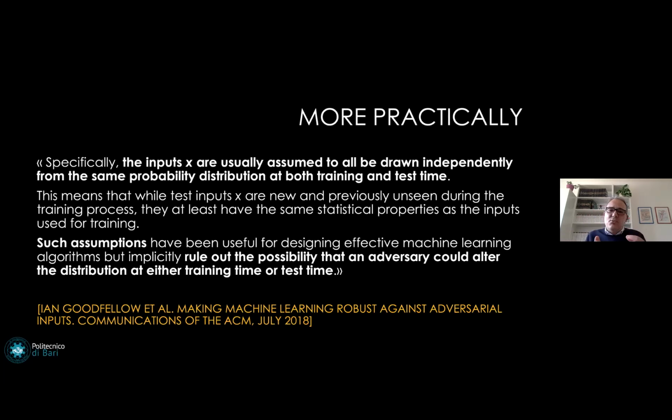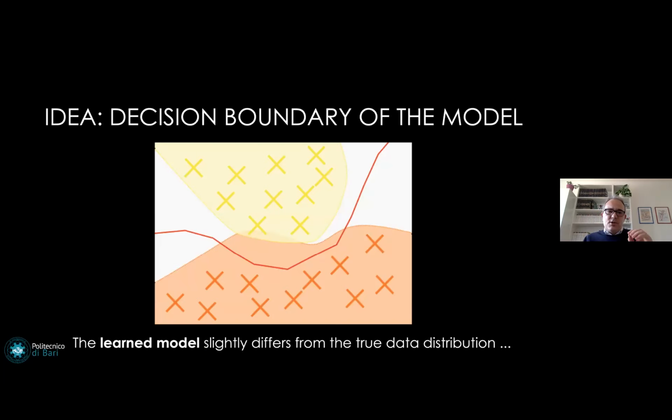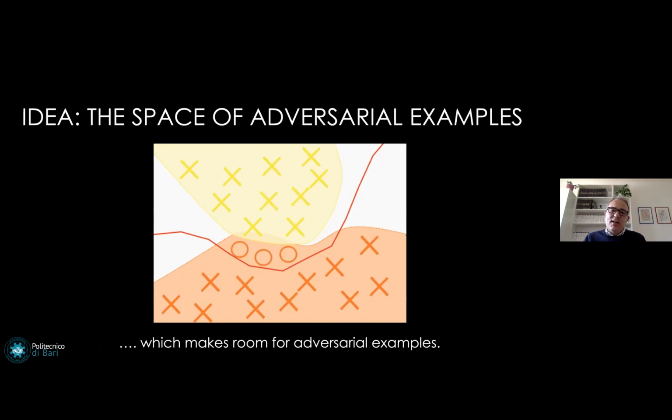So if we move out of this assumption, then we start to understand where this adversarial problem comes from. What is the idea? When we train a model, we have a decision boundary. Consider a typical classification problem. The decision boundary of the model is just an approximation of the actual one, but this approximation leaves some room for adversarial examples.